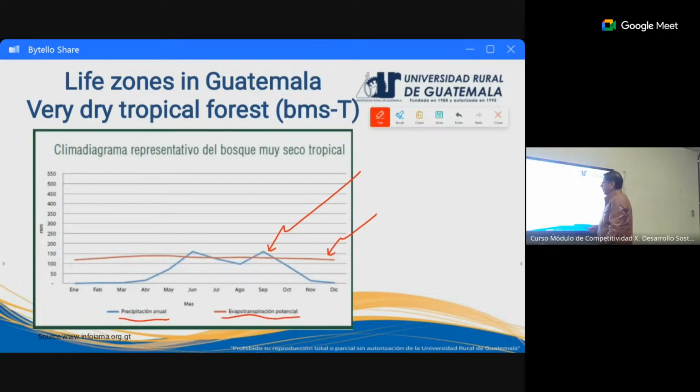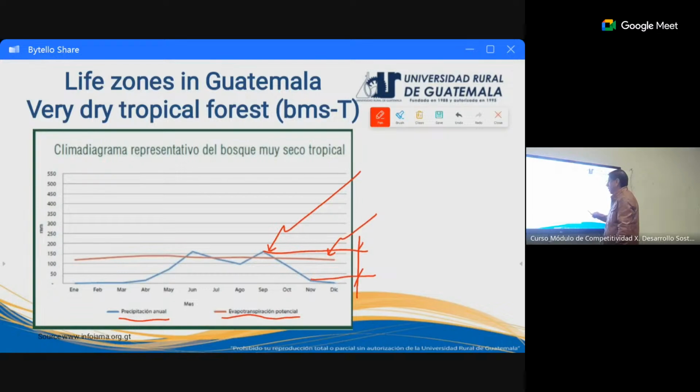And so here, within this area, the very dry tropical forest, there's only a few values of this blue line, like the minimum value.